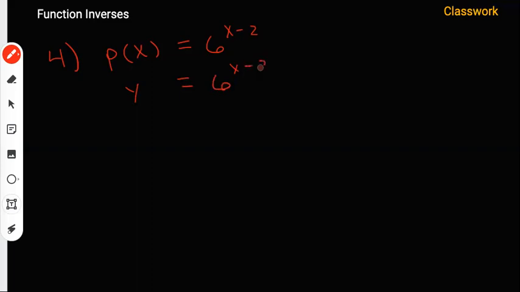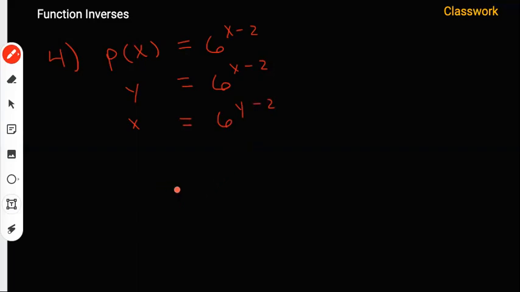Keep everything else the same for now. The next thing that I want to do is switch X and Y. So everywhere I see a Y, like right here, I'm going to replace that with an X. Everywhere I see an X, like right here, I'm going to replace that with a Y. So I get 6 to the Y minus 2 power.